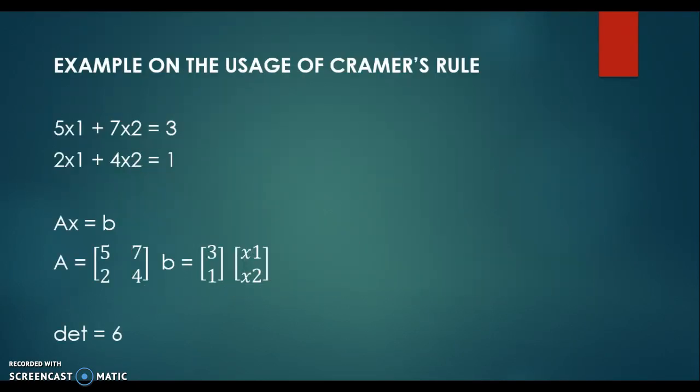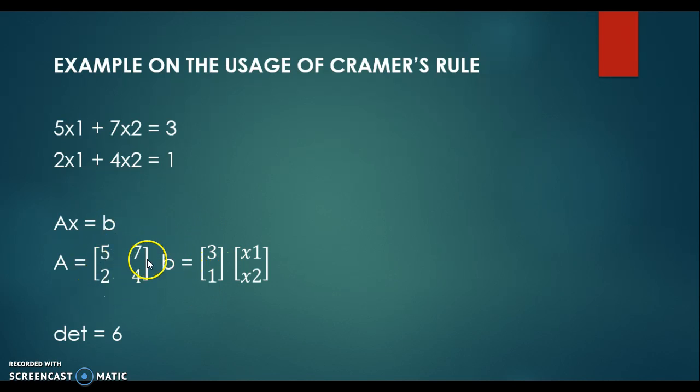Now that is the general part of Cramer's rule. Let's look at an example on Cramer's rule, where you can understand it better. Suppose we are given two linear equations. We transform them into this form: Ax = b, where A is the matrix and b is the constant.